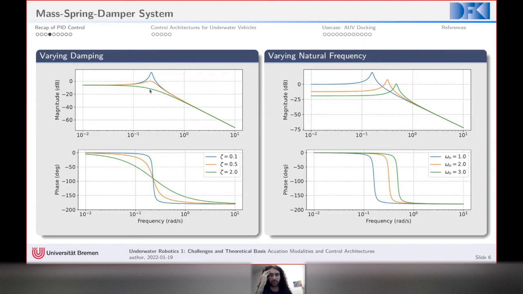So no matter how fast or how slow we are shaking the system, it is not causing a very exaggerated response. And here you can also see how the phase is changing a little bit. Now if we vary the natural frequency of the system, you can see we push this resonant frequency a little bit forward.